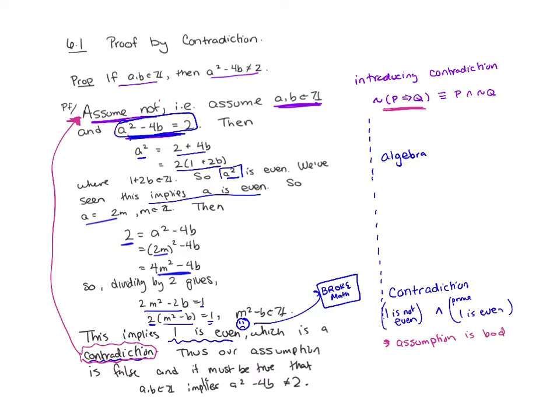So it's not true that the negation was true. So that statement basically can't be false. Therefore, that statement has to be true. So I'm showing that if we assume our statement is false, we break math. Therefore, it must be true.